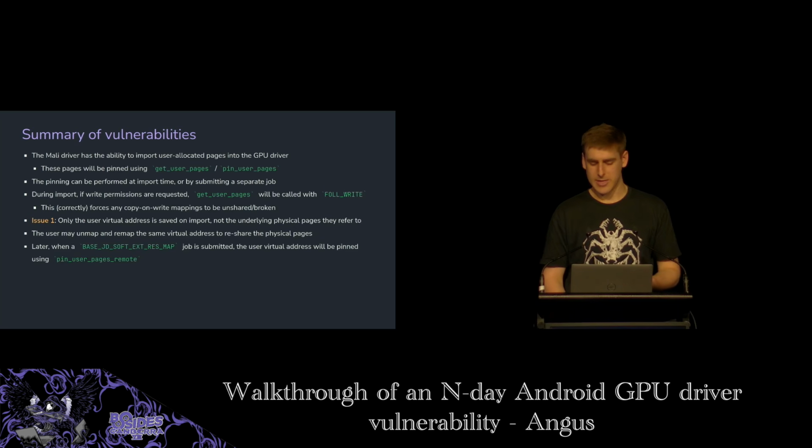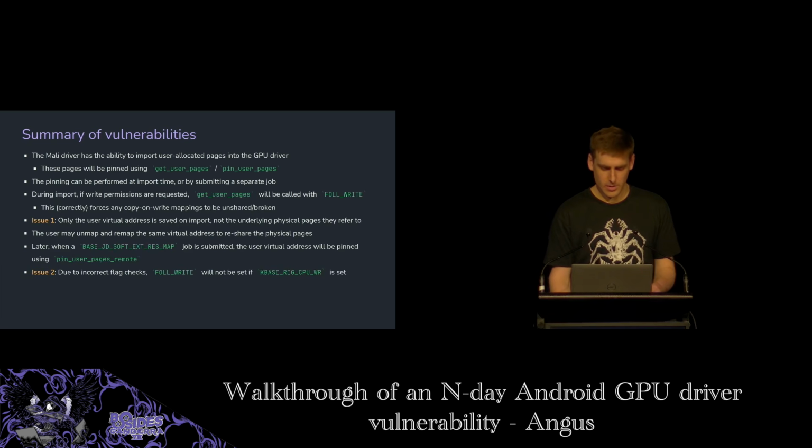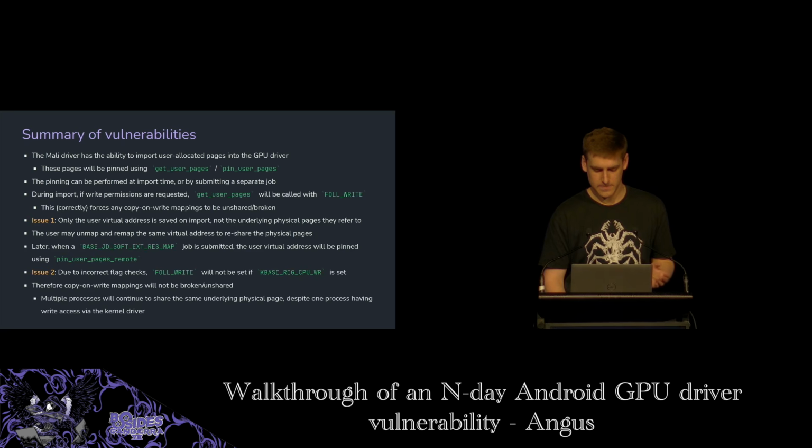And then when we go to actually pin that underlying memory using our vulnerable function, which we called using the soft extres map flag, it's going to call pin_user_pages again, this time not setting the full write flag because we had the CPU write flag set, but it only checks the GPU write flag. So that's our second bug.